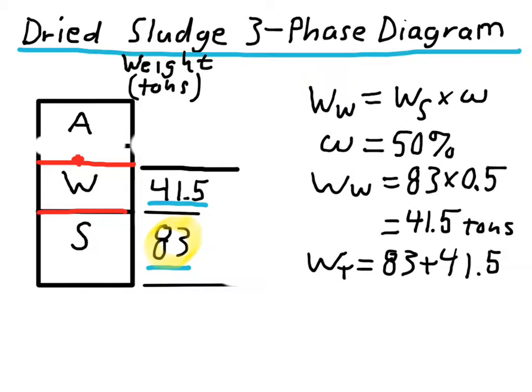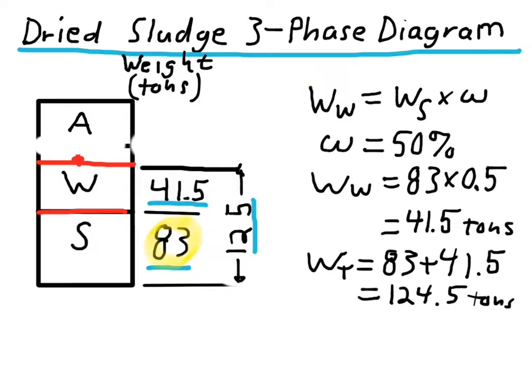Now the total weight is simply equal to the sum of the weight of the solids and the weight of the water. I add that up and I get 124.5 tons, so we're going to call that 125 tons. So each day I'm producing 125 tons of dried sludge. Notice that's less than the 200 tons of raw sludge that comes out of the plant, because a bunch of water has been removed.